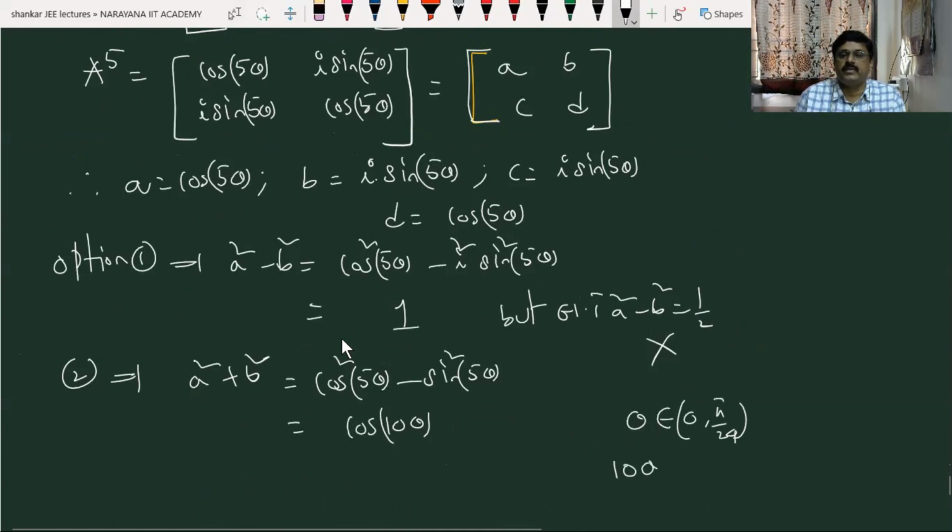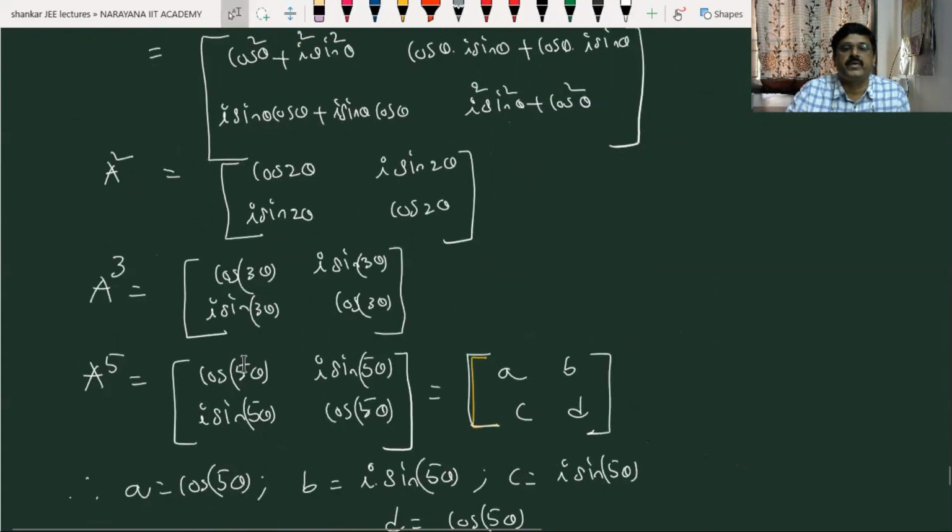Then 10 theta belongs to what, students? Theta belongs to 0 to pi by 24 means cos of 10 theta is undoubtedly a positive value, students. It belongs to 0 to 1 only because theta is in this particular interval.